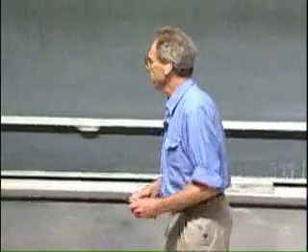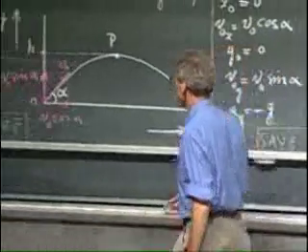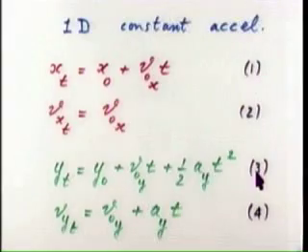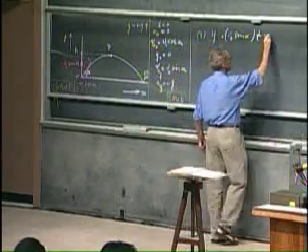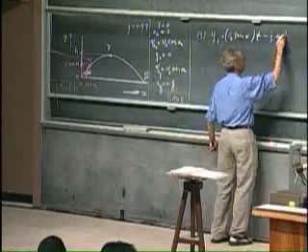I now want to ask first the question that you may never have seen answered: what is the shape of this? Well, we can go to equation number 3, and we can write down that y, as a function of time, equals v0y t, so that is v0 sine alpha times t, minus 1/2 g t squared.